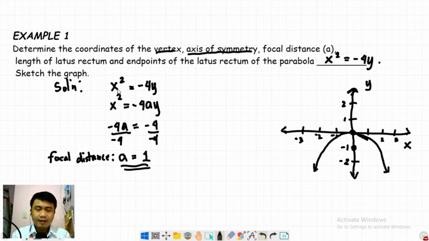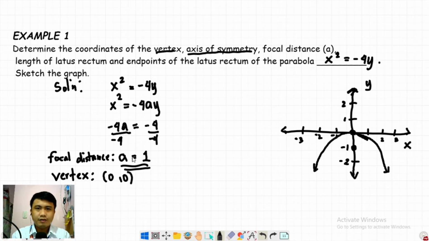Pagka negative naman ang ating value ng nakalagay dito, that opens downward. And our focal distance is 1. Okay? Again, what is our vertex? Para masagot na natin yung vertex. Vertex natin ay the origin.